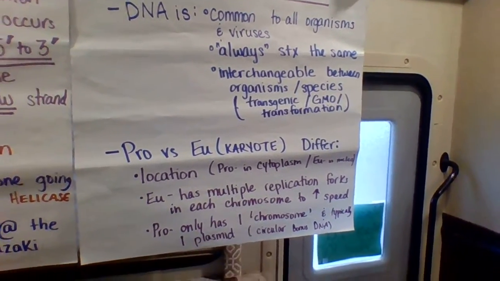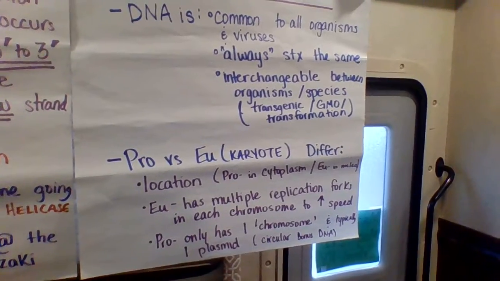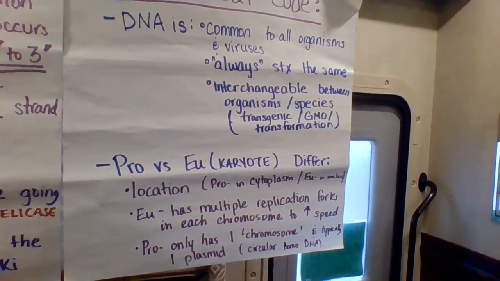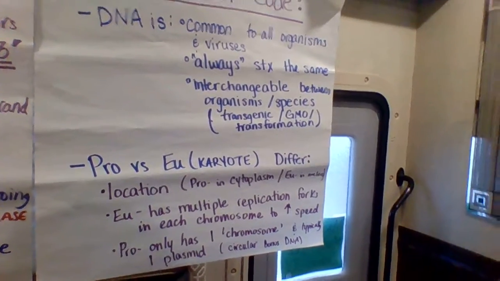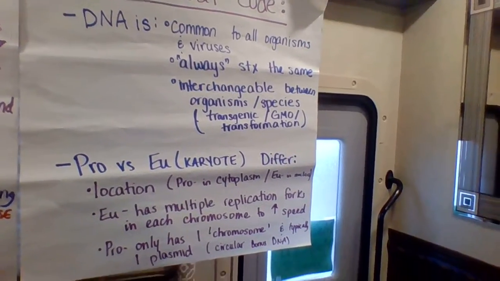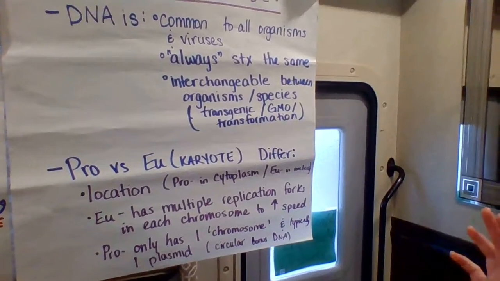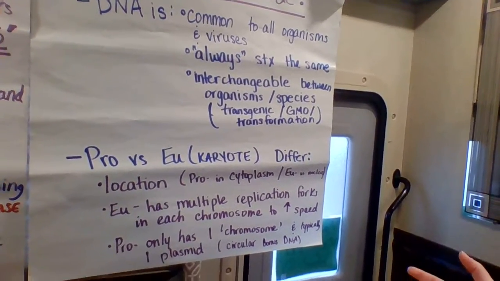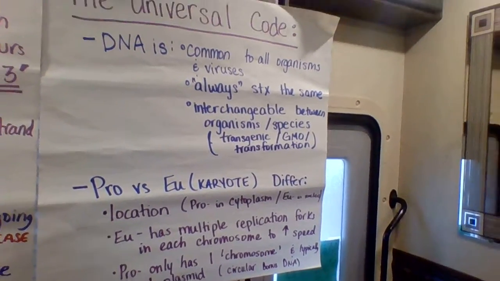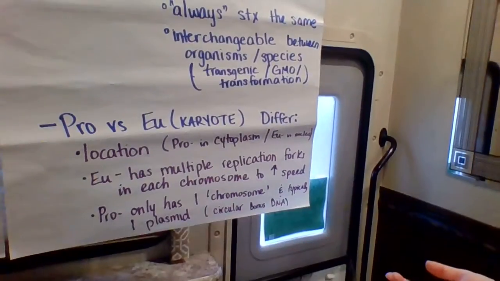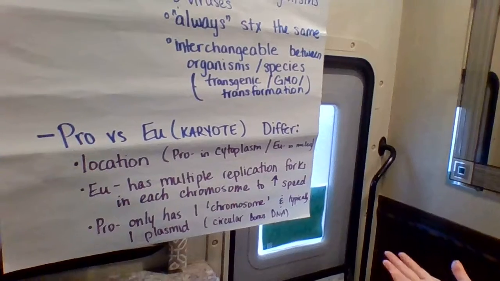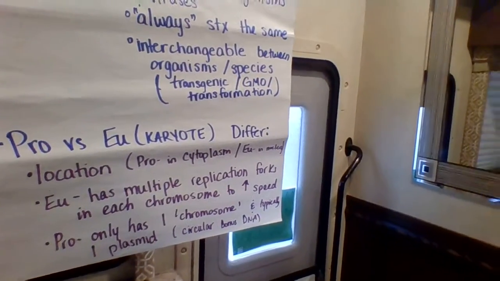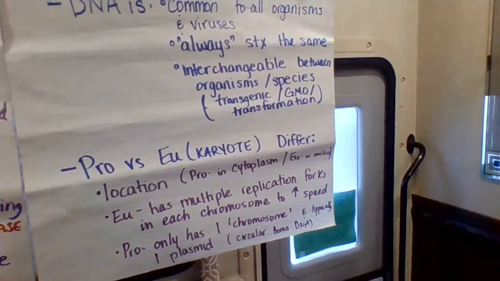The other thing to remember are some of the differences between pro and eukaryotic cells. And so this is a theme that comes back over and over and over through AP, is how they differ from each other. So when we're talking about the DNA and replication and things of this nature, let's talk very briefly about some of those. So of course, the first thing to remember is the location of the DNA.